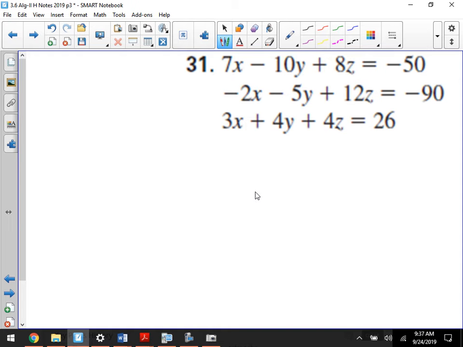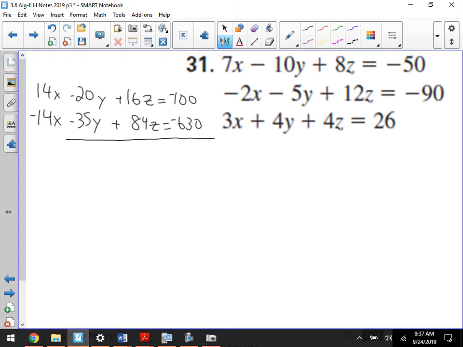So if I double the top equation, I have 14x negative 20y 16z negative 100. Multiply the bottom one by the 7, negative 14x negative 35y 84z and negative 630 at the end.